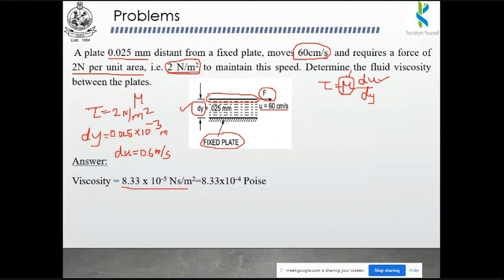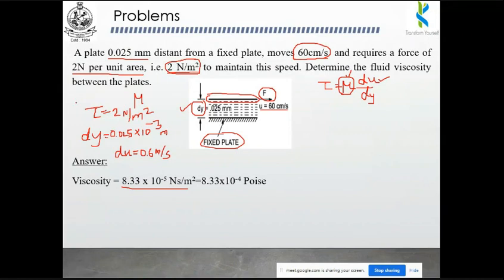You can use these three values. Don't take too much time because it is a simple formula.